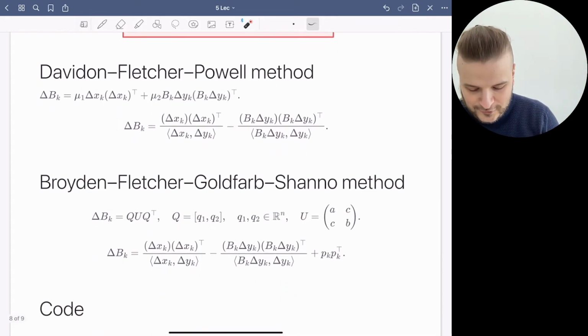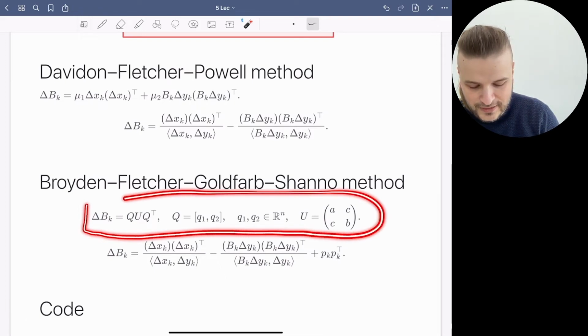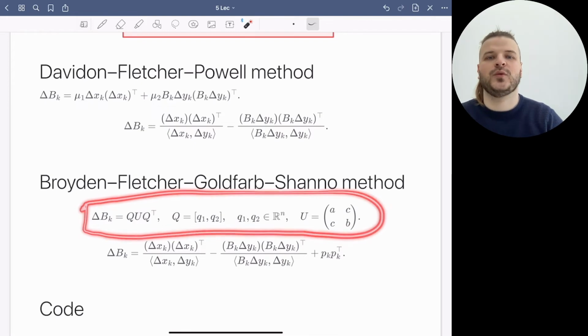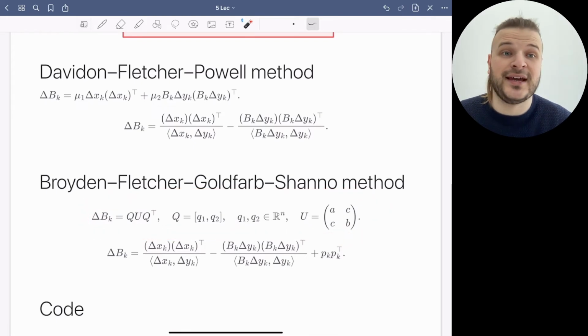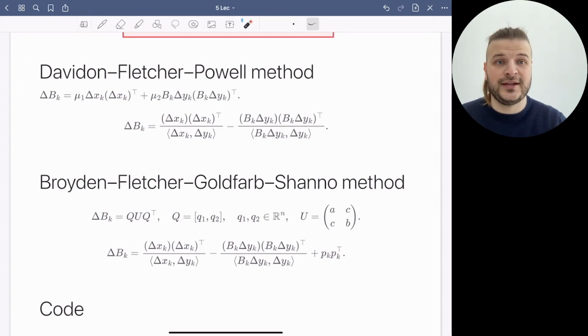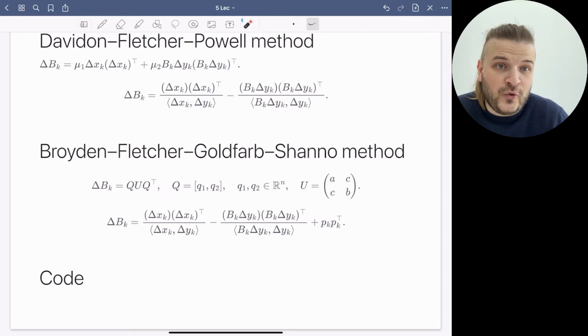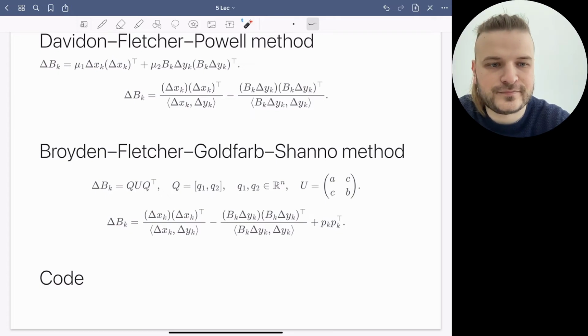But if you take a look at the update in this form, which is two vectors q1 and q2 and some symmetric matrix U to catch them all, you'll have the well-known BFGS algorithm, which is named after the surnames Broyden-Fletcher-Goldfarb-Shanno. That's just a different version of finding this update form. And let's take a look at the comparison of these methods.